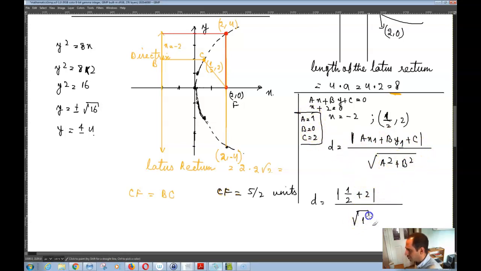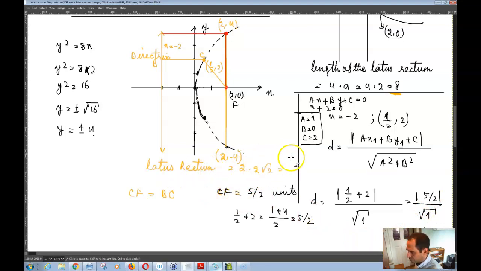So you have the absolute value of 1/2 plus 2, which is 5/2, over the square root of 1, which is equal to 5/2.